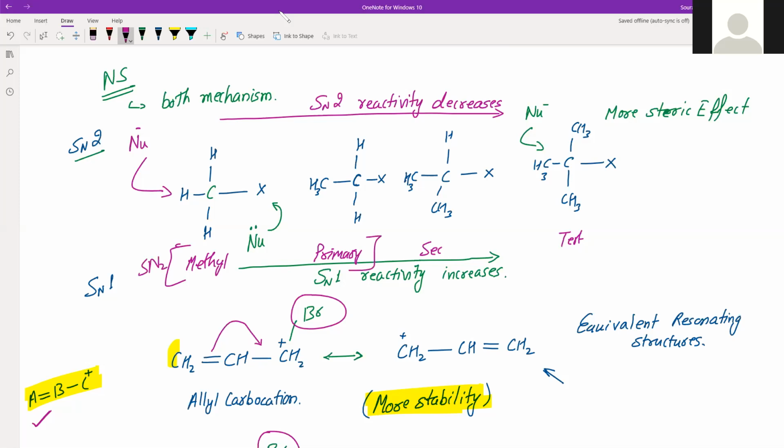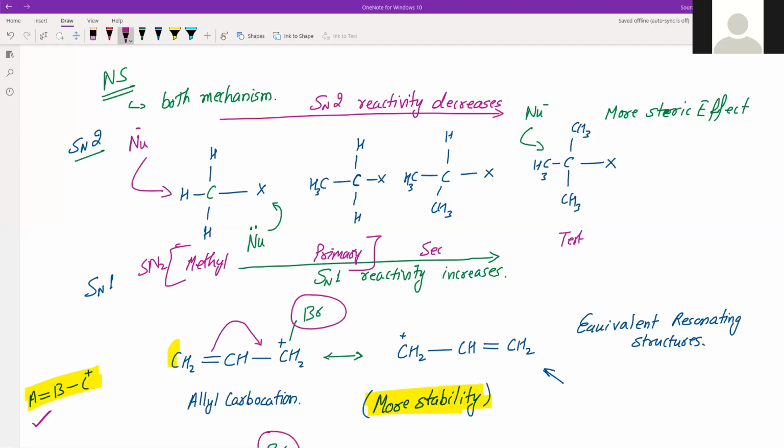But in all other cases, that is tertiary, undergoes... So that is what we have to understand, the conclusion for this.